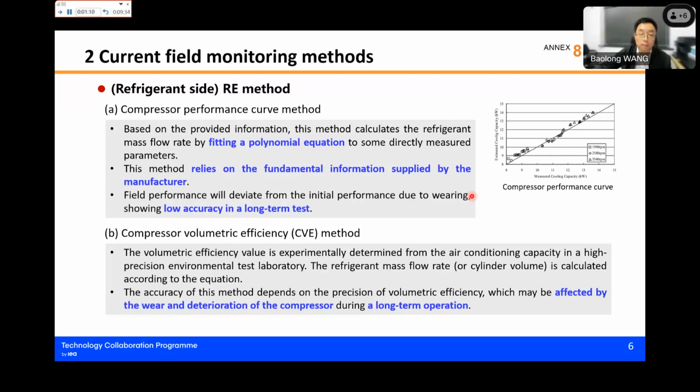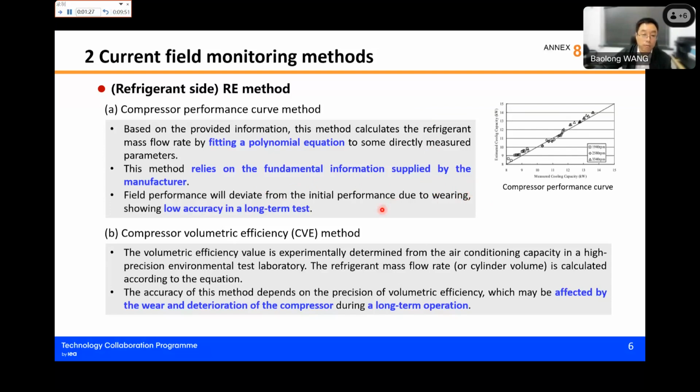That's the basic idea. This method relies on the fundamental information supplied by the manufacturer. If you can get that kind of information, it's easier and can be realized.